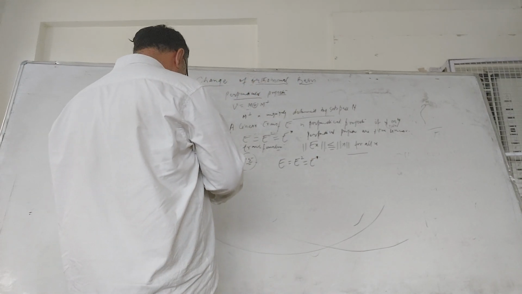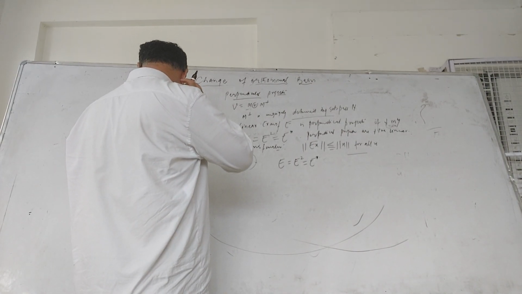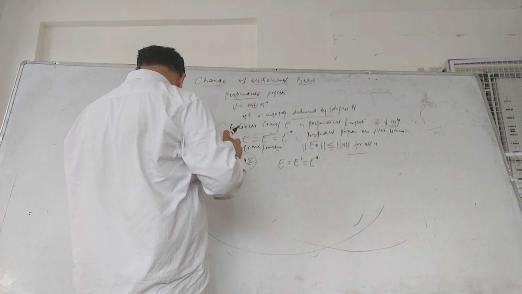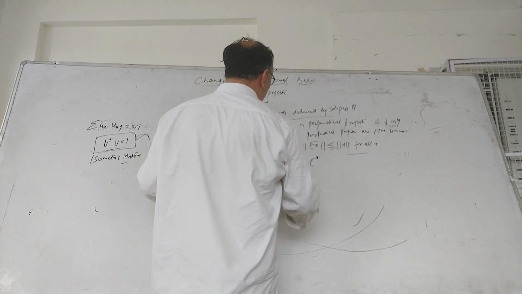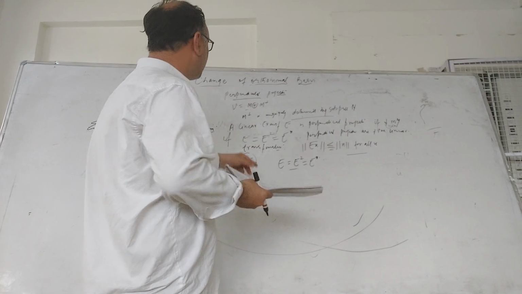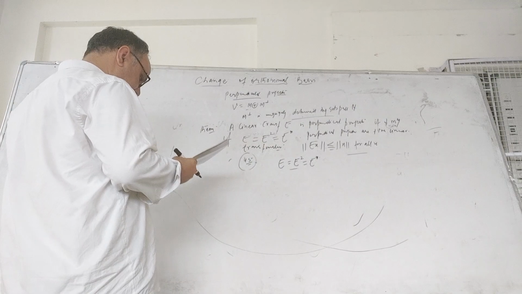So now what we are going to say is we only have to show that the range of E and this are orthogonal. If they preserve this property, then we can show that these vector spaces are orthogonal.